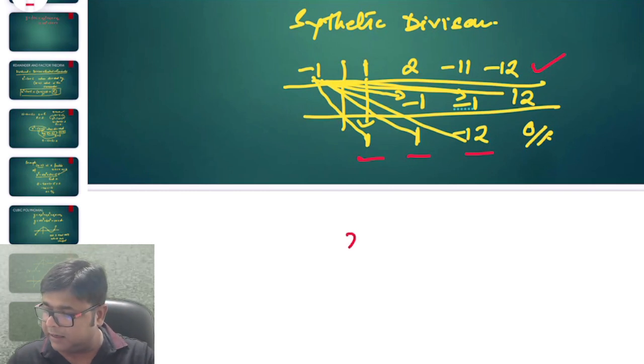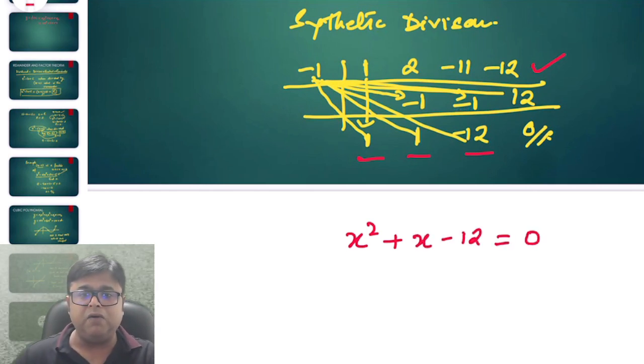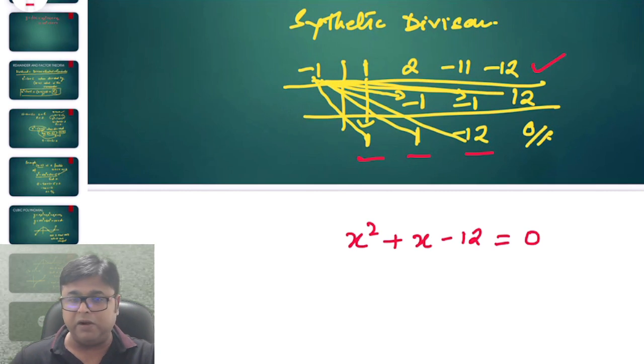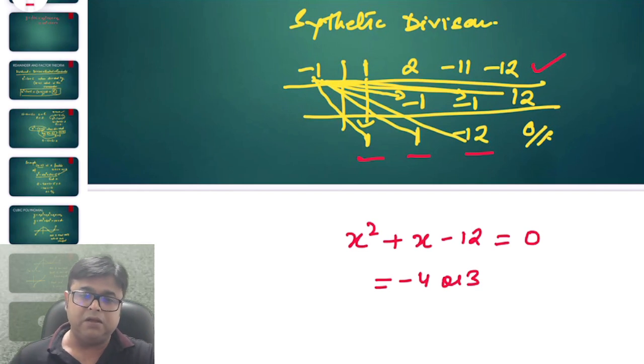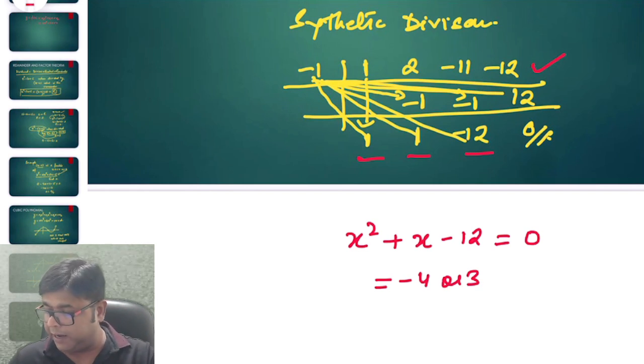So I'm going to get x square, because a is 1, b is also 1, plus x minus 12 equal to 0. This is how I put this quadratic equal to 0, and this will give me roots minus 4 or 3. So the three roots of this cubic are minus 1, minus 4, and 3.